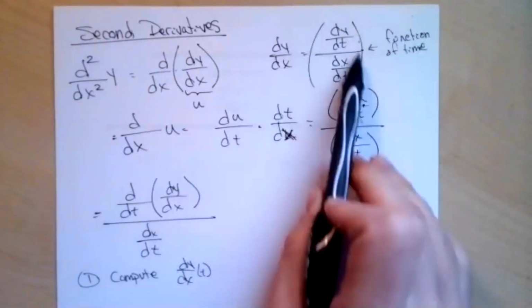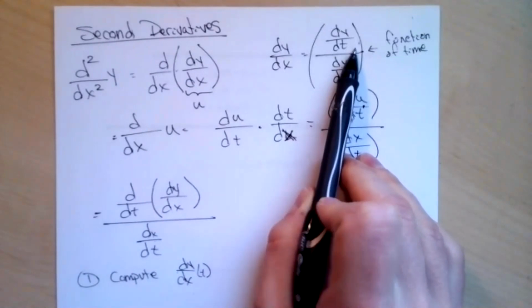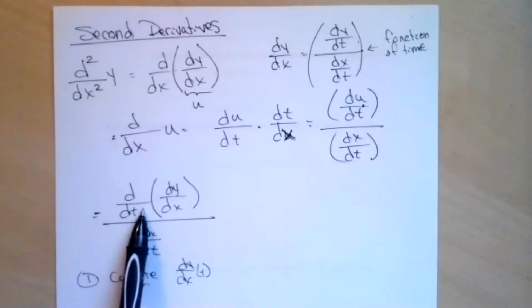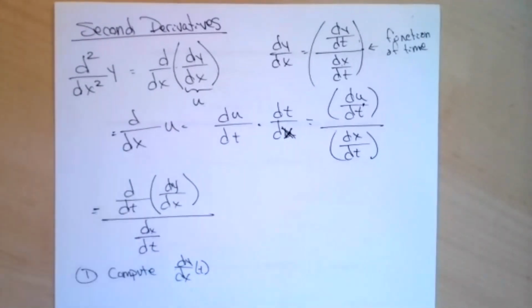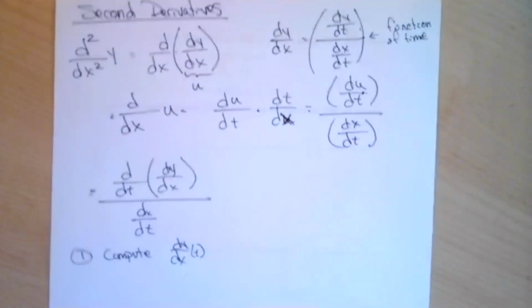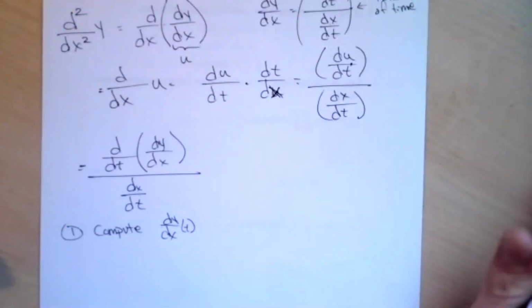So it's easiest to do that step first, and then realize, if I just compute another time derivative of it, and then divide by another copy of dx/dt, that gives us the formula for the concavity, the second derivative of y with respect to x.